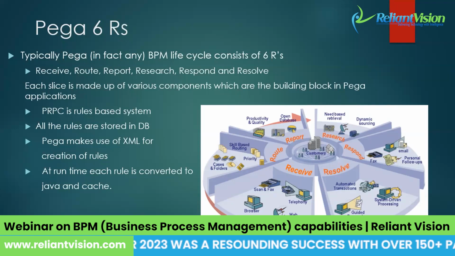Report provides real-time visibility of work in progress or work completed, and of any productivity bottlenecks and quality. Research connects multiple systems, whatever connectors and databases, and gives the analysis to take the final decision.